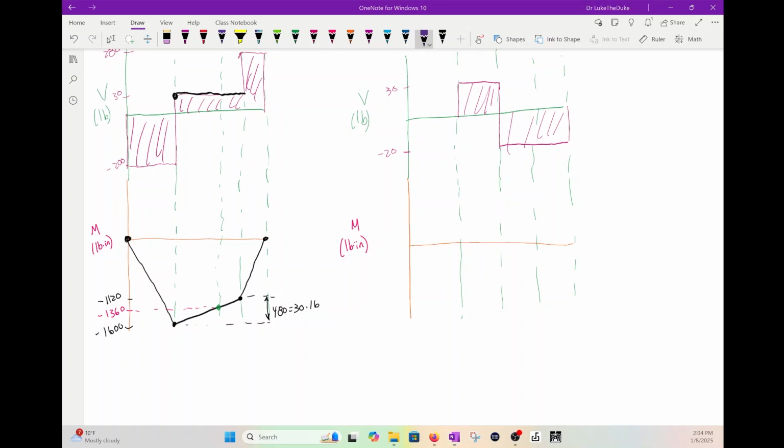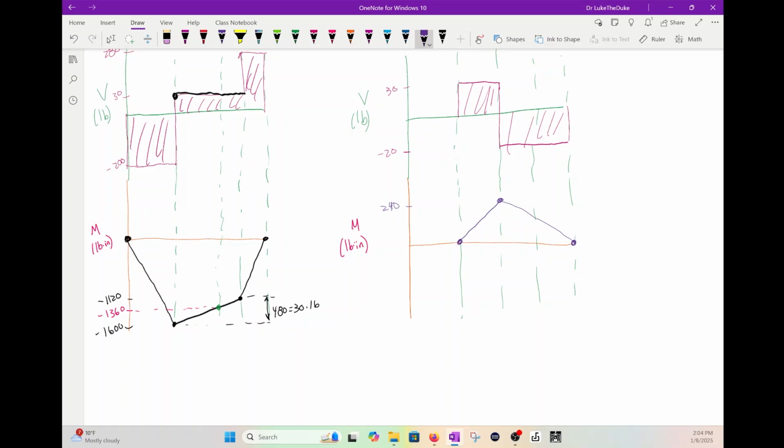Okay, now let's go over here. This moment diagram can start at 0. It's going to go up. This value is 240, right? That is 30 times the distance. Then it's going to go all the way to 0 at the end here, because that goes down to negative 20.